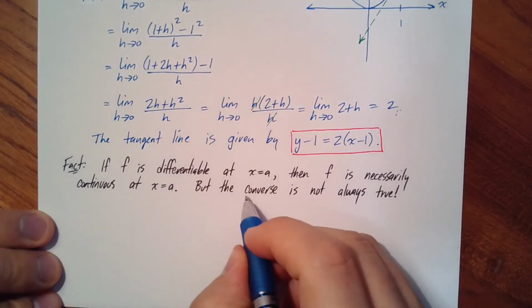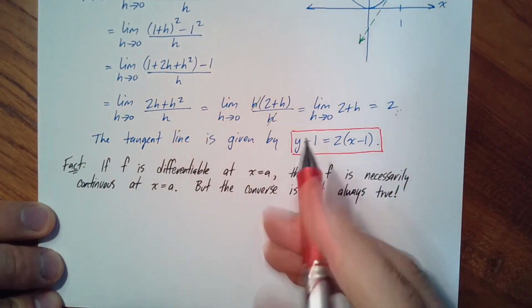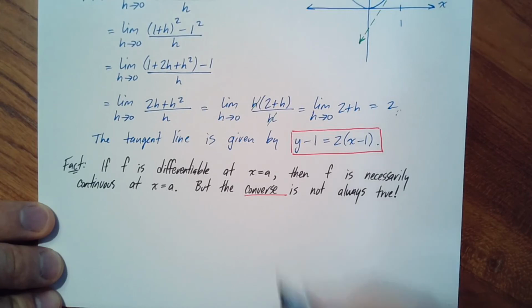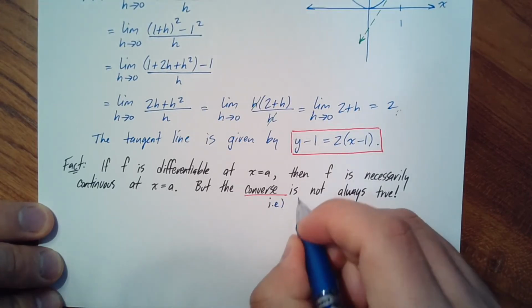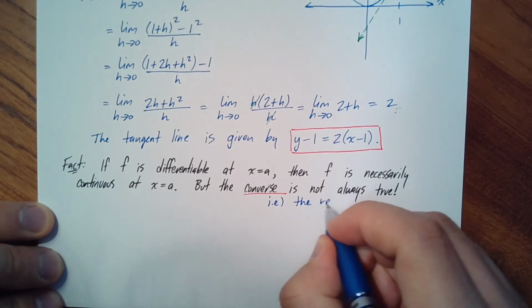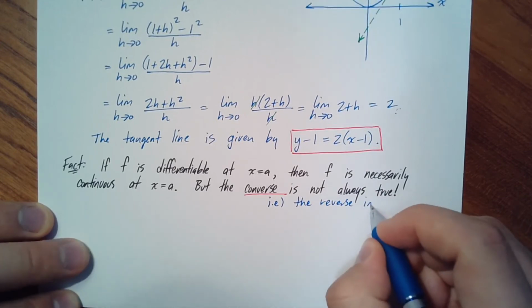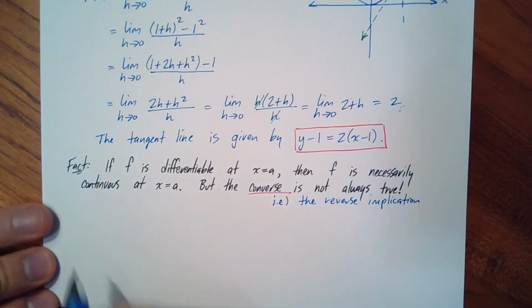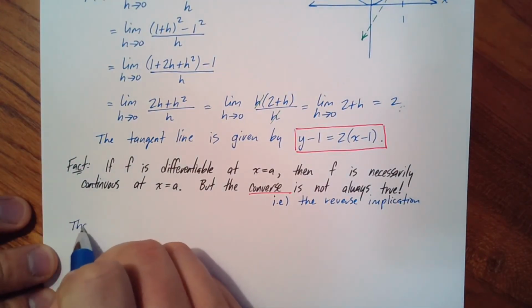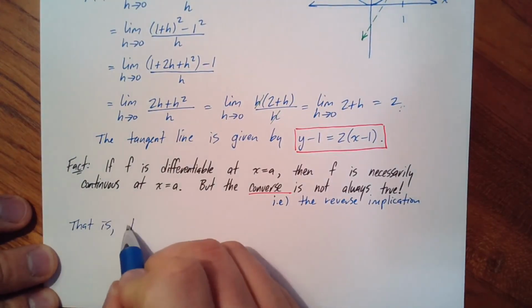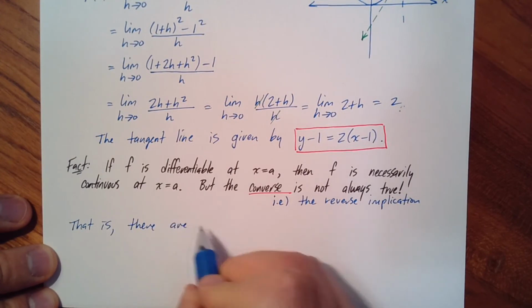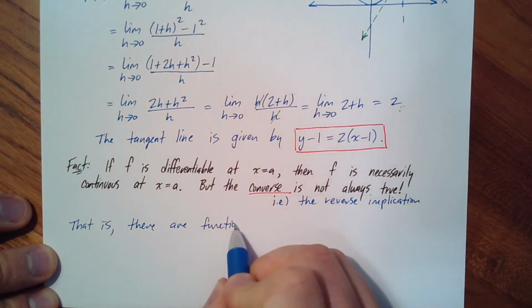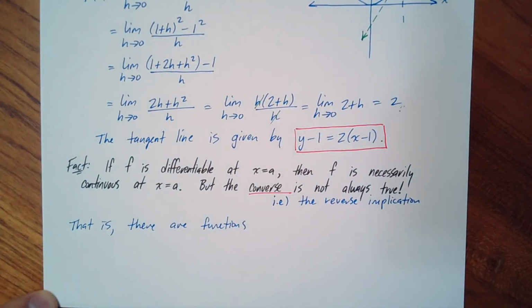So what do I mean by converse? Let me clarify that now. Converse, in other words, the reverse implication. Okay, so what we are saying here is there are functions which are continuous at a given point but are not differentiable.